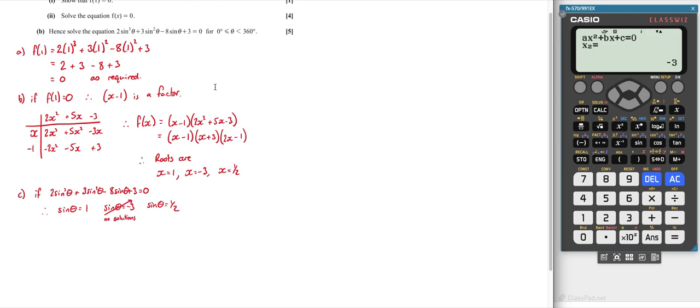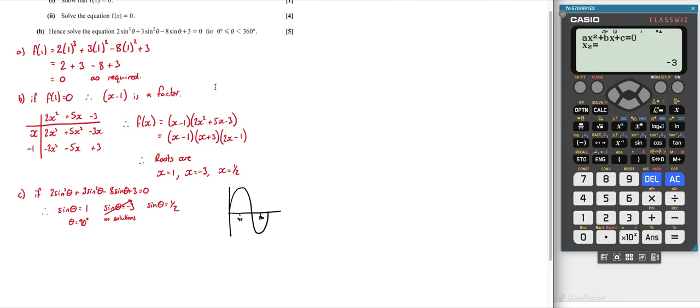If sine theta equals 1, well, let's have a quick sketch of the sine graph just to refer back to. So I'm going to have 90 there, 270, and I've got 180 in the middle, 360 on the end. If sine theta is 1, that only occurs once in that region between 0 and 360, so therefore theta is 90 degrees.